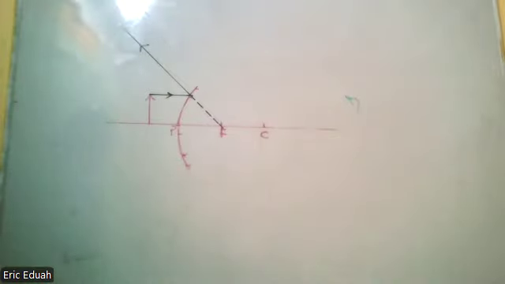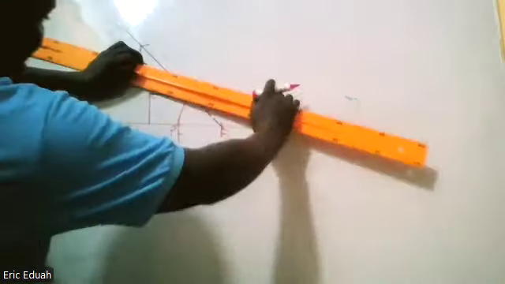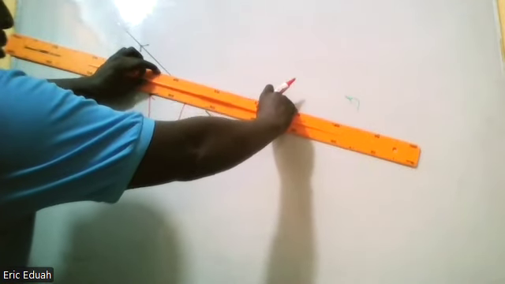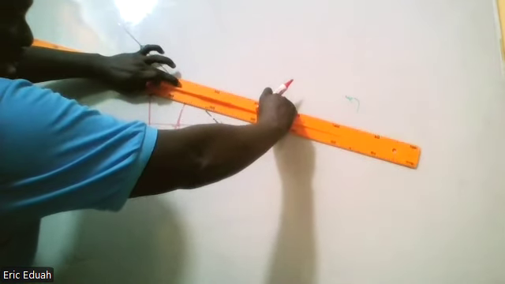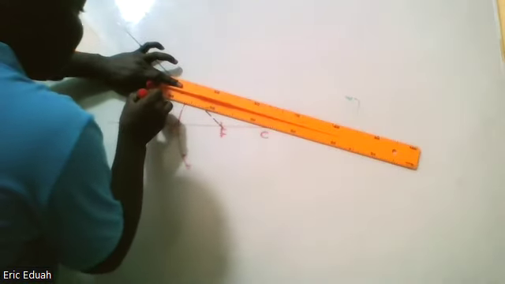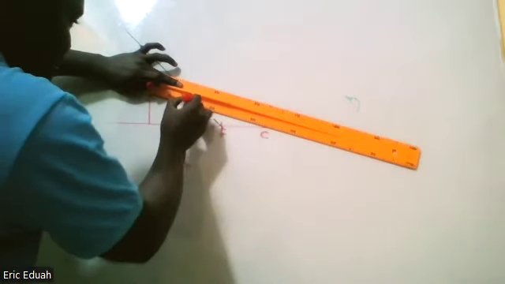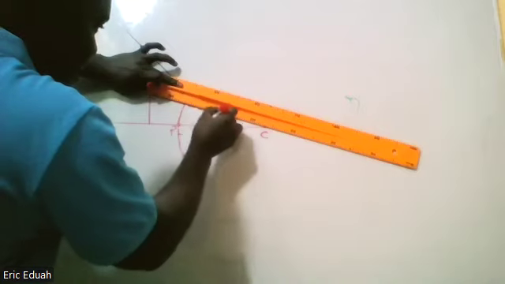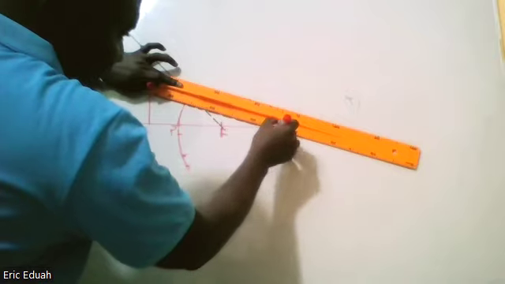Then the second rule: a ray of light hitting the mirror at 90 degrees is reflected back along the same ray, and appears to pass through a point on the principal axis.